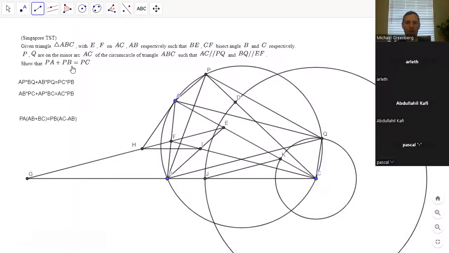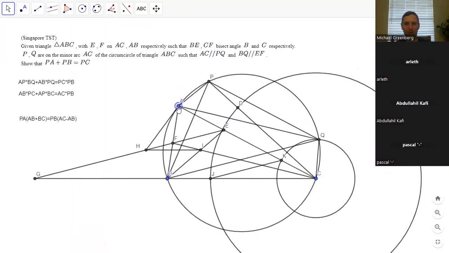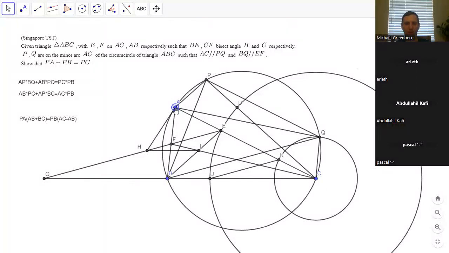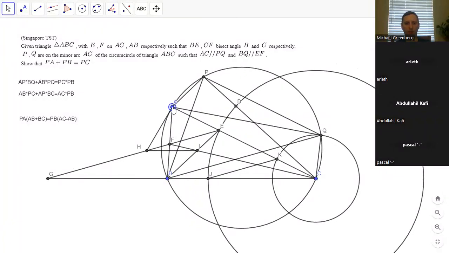Oh, and it almost looks like JK is parallel to BQ. Interesting. So that might be helpful. I don't know if that's obvious. Maybe an angle chase would prove that. I wonder if BP, so BP and BQ are isogonal. I didn't even realize that.